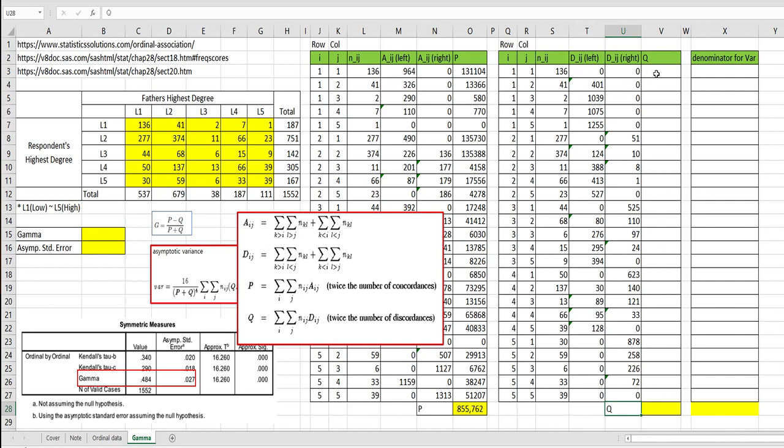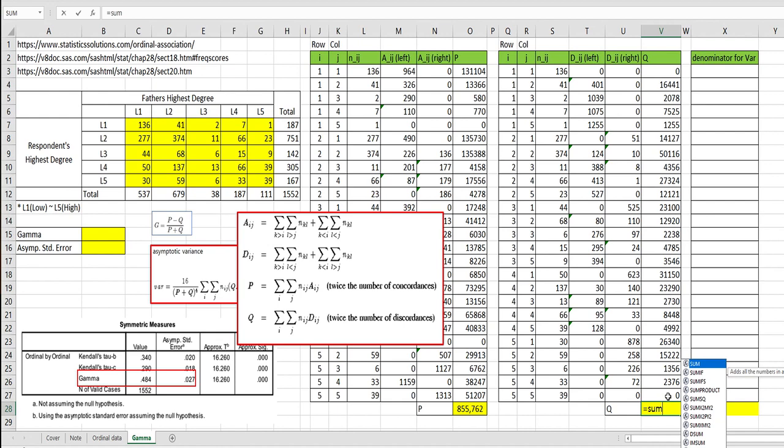Alright, so we need to get Q by using Nij multiplied by Dij left side plus Nij multiplied by Dij right side. Let's sum all values here. Alright.